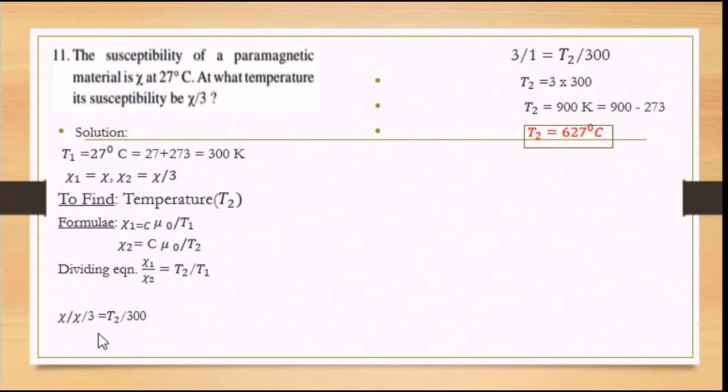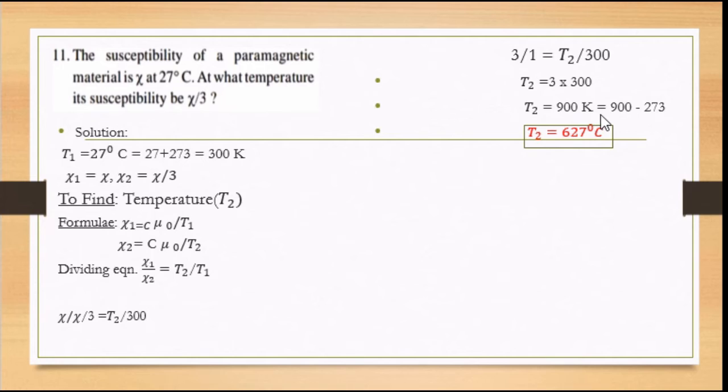So this becomes 3 upon 1 is equal to T2 upon 300. Then T2 is equal to 300 into 3. So T2 is equal to 900 Kelvin.